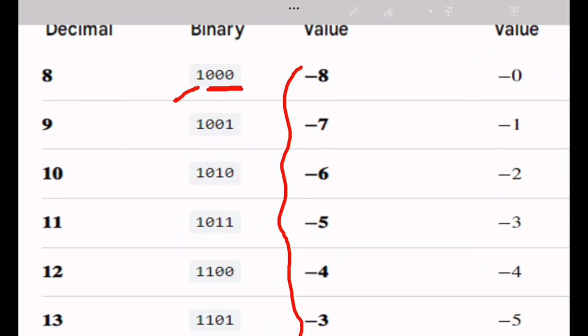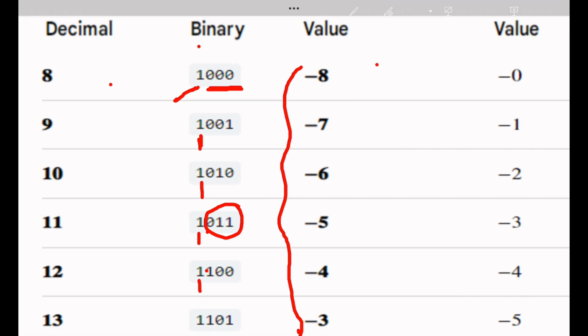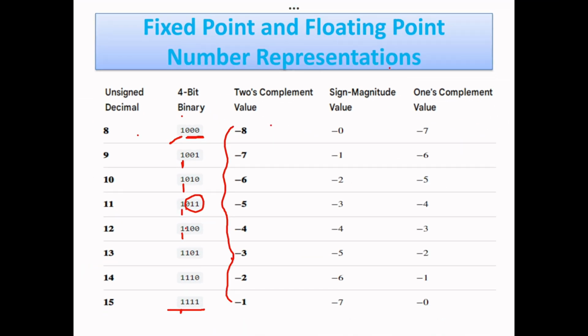Your first bit is 1, your MSB is 1. If your MSB is 1, so this is the minus and the remaining is the magnitude. Understand? Okay.